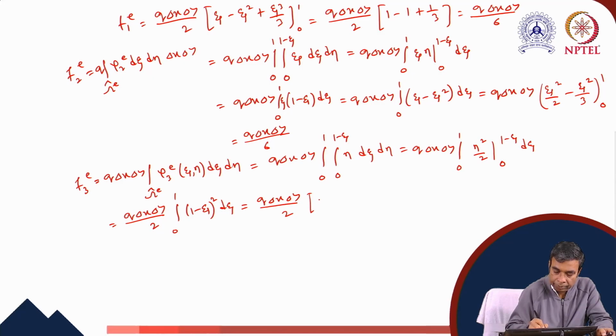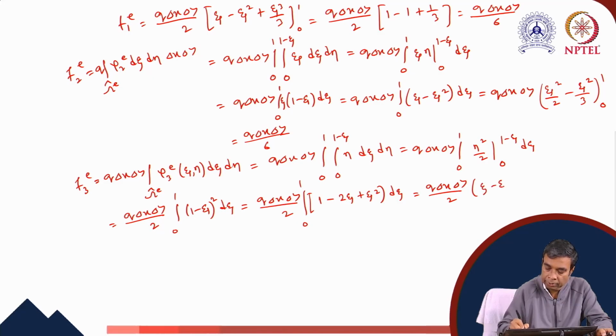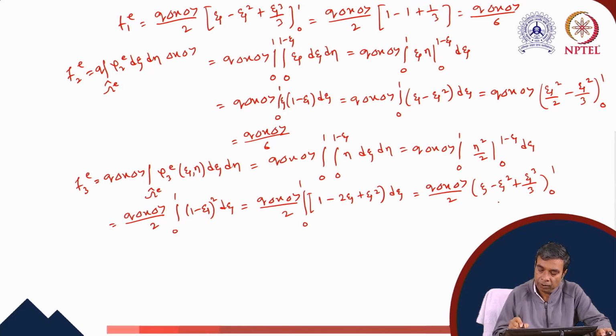Here it is 1 minus 2 xi plus xi square d xi, equals q delta x delta y by 2 times xi minus xi square plus xi cube by 3, varying from 0 to 1. So here we get that only 1/3 will come from the bracketed term. So ultimately it comes as q delta x delta y by 6.